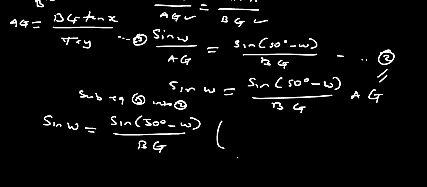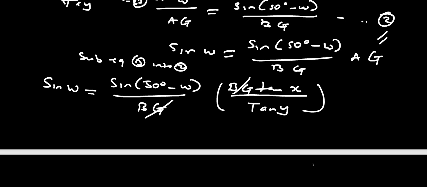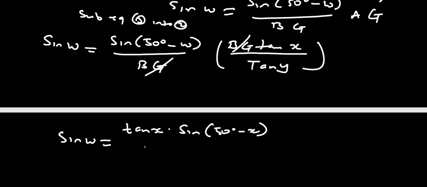In that part I put BG tan X divided by tan Y. This and this go away, and now we're left with sine W equals tan X times sine of 50 degrees minus W divided by tan Y.